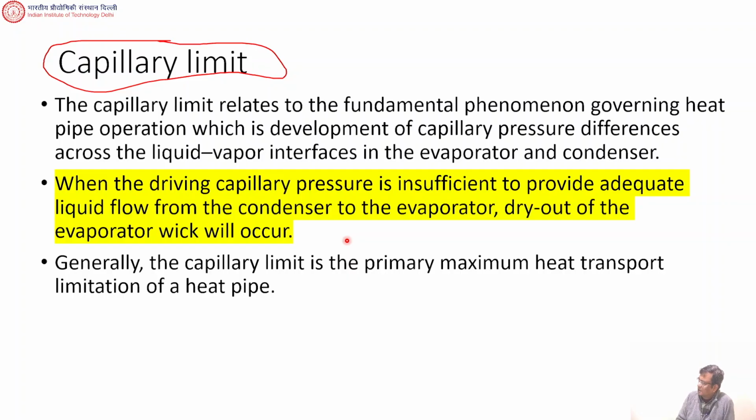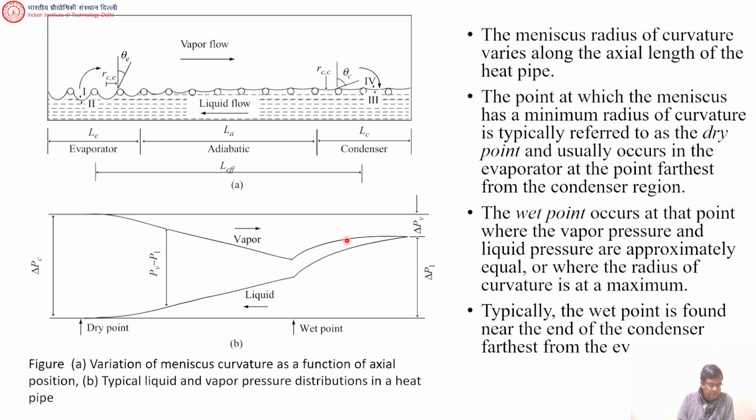So if there is not enough liquid flow from condenser to evaporator, then the evaporator will tend to become dry, not getting enough supply of liquid. So capillary limit is the primary maximum heat transport limitation of a heat pipe. This is something, the capillary limit, we have to understand in some detail.